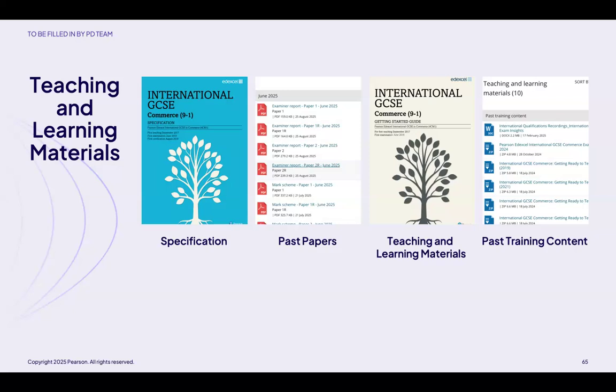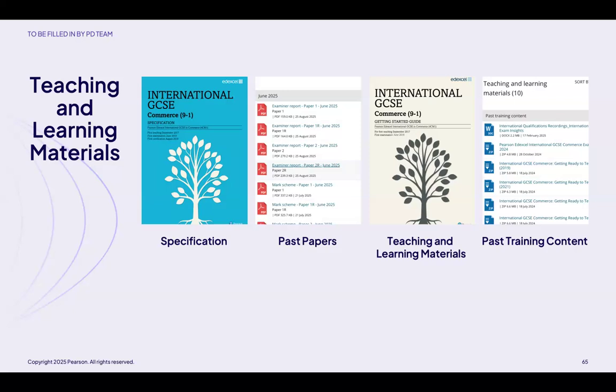It's a comprehensive guide, again a free resource, that details, if you like, a more thorough version of today, all in one document. So how the course is, how it was designed, what it is designed to assess. It's got some really useful resources to use for teachers. So I would really heartily recommend the Getting Started guide.